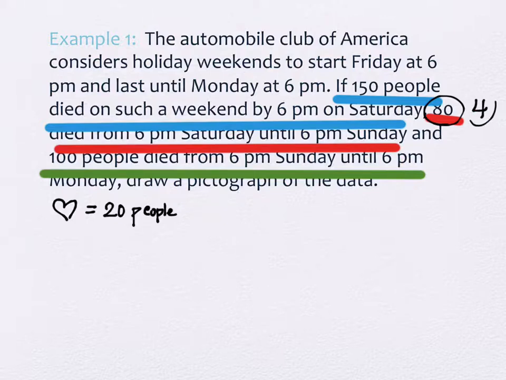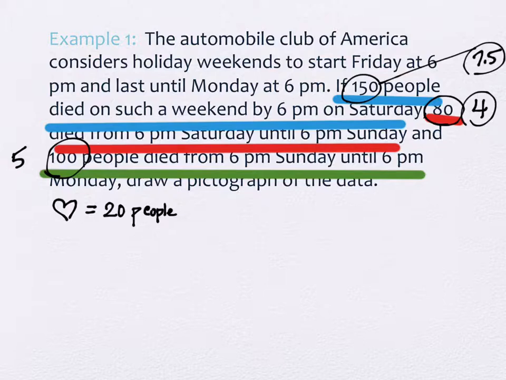There's going to be 4. How about my 100 people? I'd have 5 hearts. But of course, the 150 doesn't work out quite evenly. So what would it be if I tried to do the division here? 7.5, and that's okay. Right now, we're just going to write down 7.5, to give ourselves a reference point.